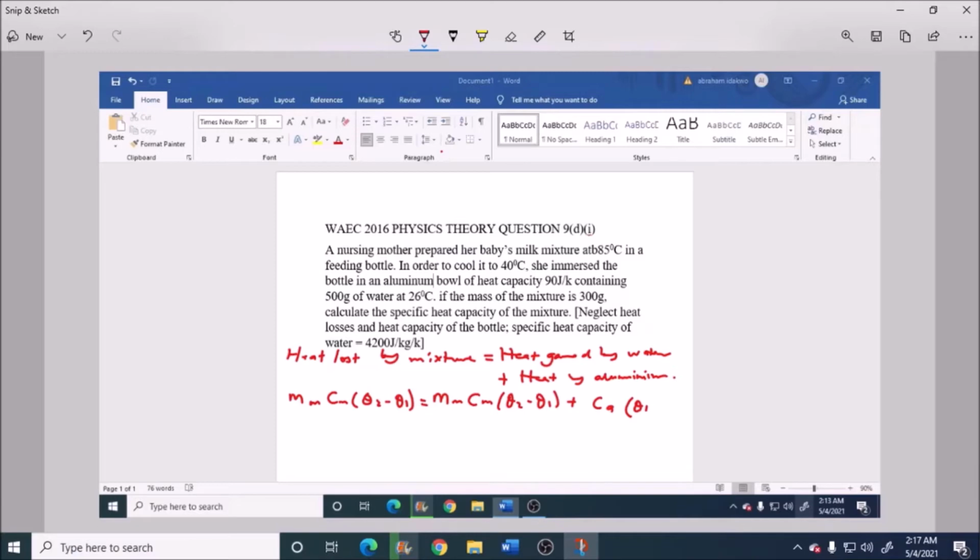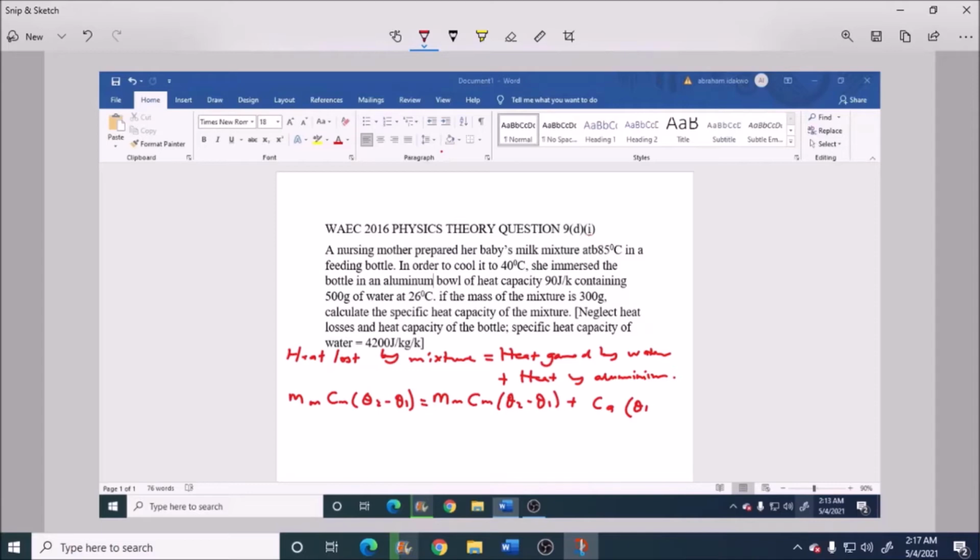Okay, now plus 90, that's the heat capacity of aluminium, then the temperature change is 40 minus 26.